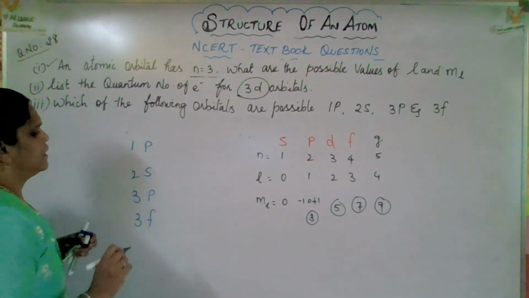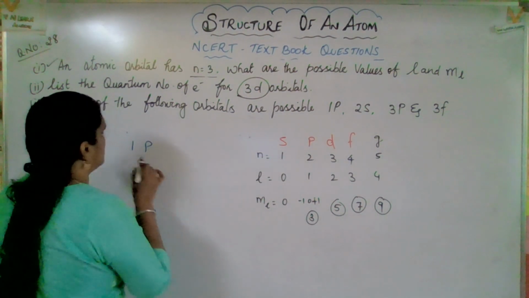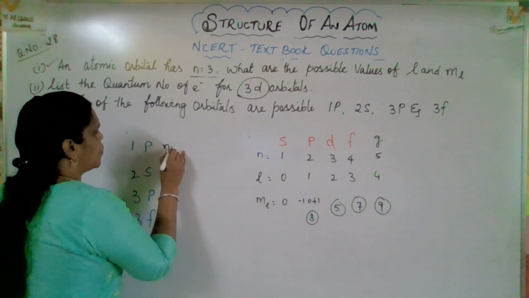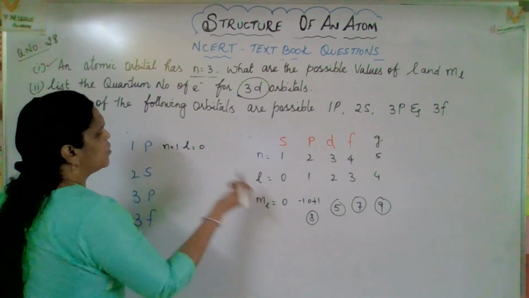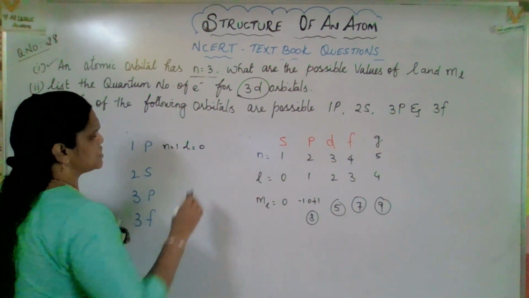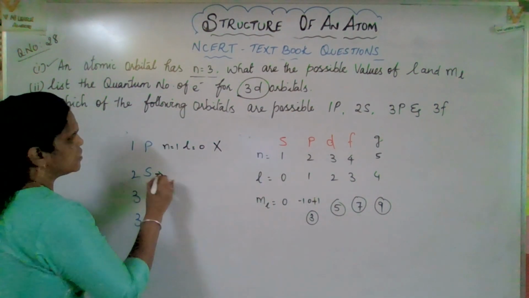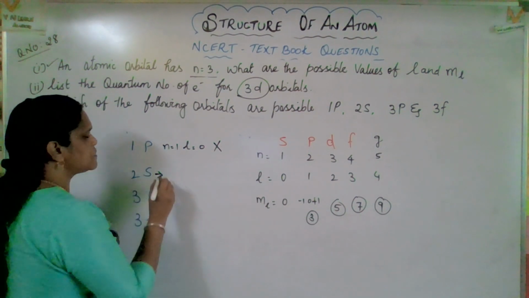Okay, now fine. See here, 1p, is it possible? n equal to 1 and L equal to 0. P, it is not at all possible. So this is not possible. And 2s, yes, it is possible.